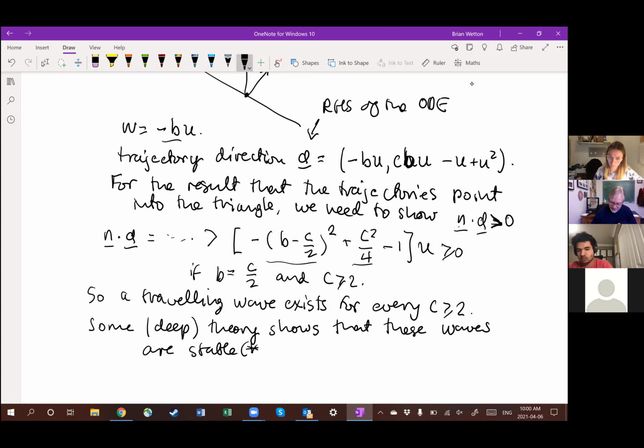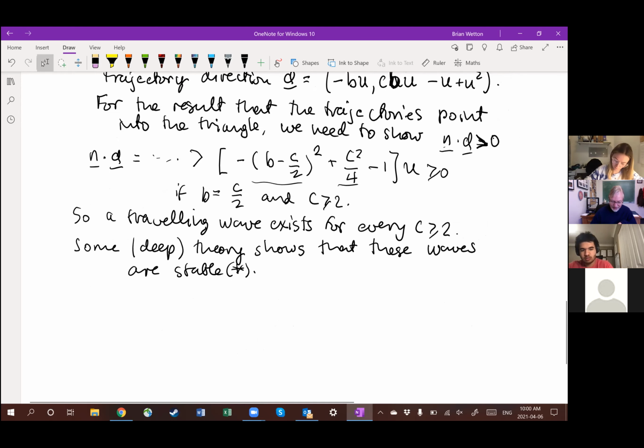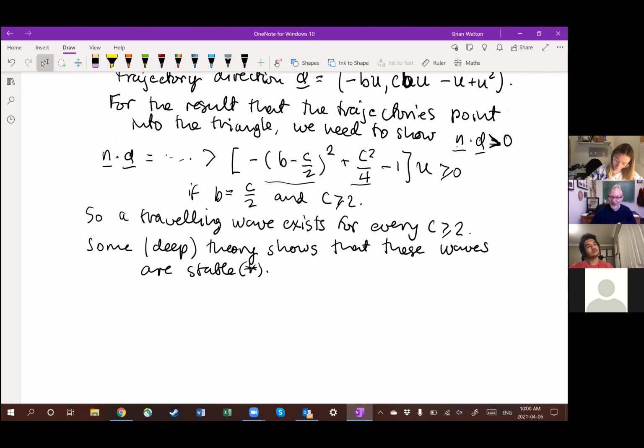And why this is deep is actually defining stability of traveling waves is not so straightforward, right?